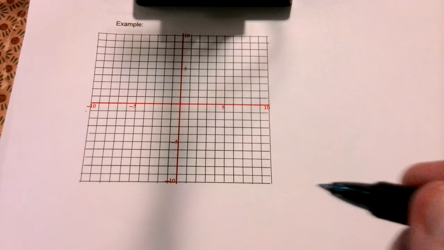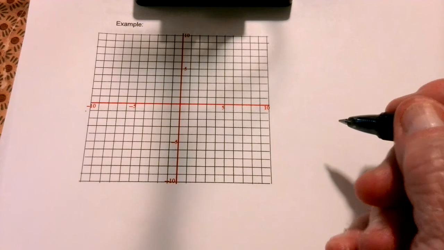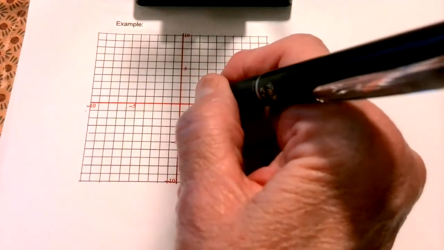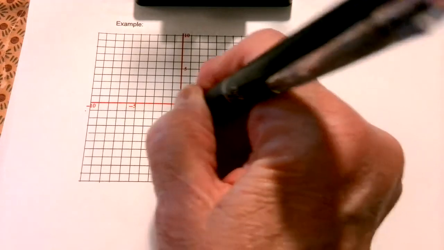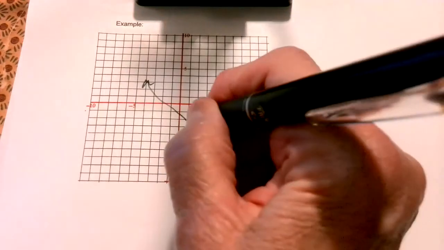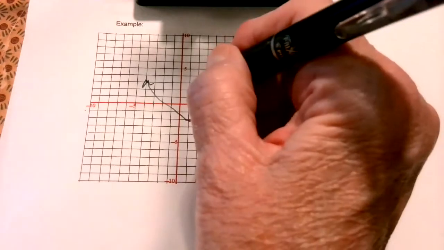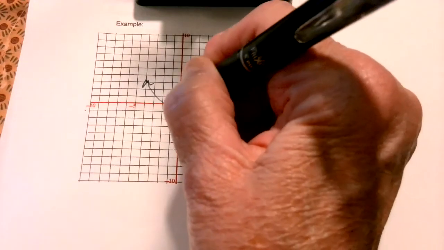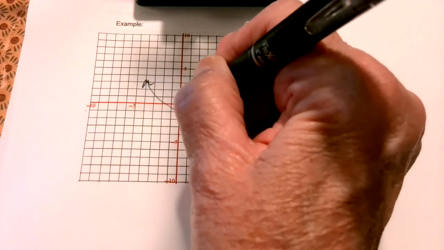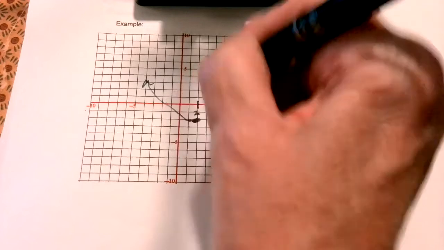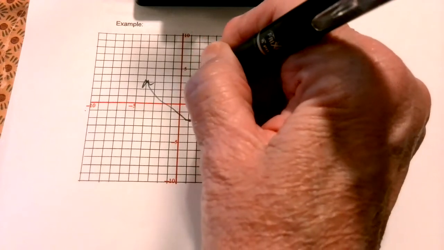So let's see. Let's have a function that goes through, say, 3, -2, 1, 2, 3, 1, 2. And it's got a solid dot right there, and then it just goes off and it does something. And then it also has, at 2, an open circle, and it does something.